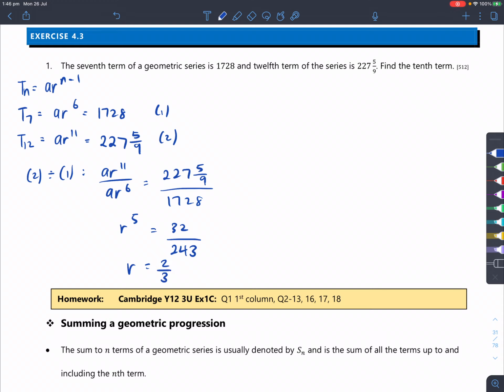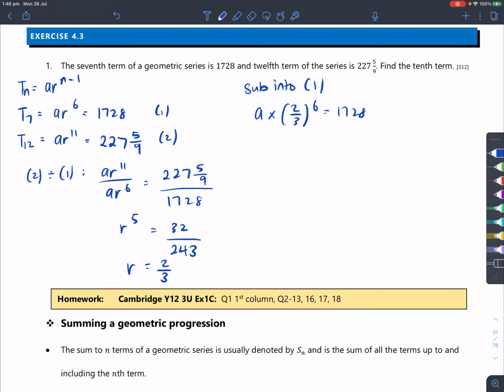Okay, and once we get that, we have to find our a value, the first value. So we sub this into equation 1. Meaning that we'll get a times 2/3 to the power 6 equals 1728. And so we can divide that 2/3 to the power 6 over.